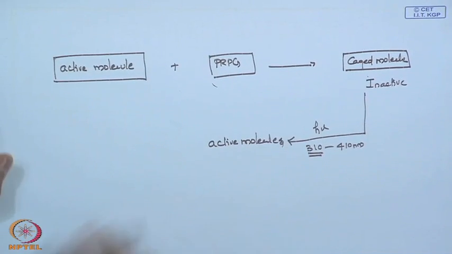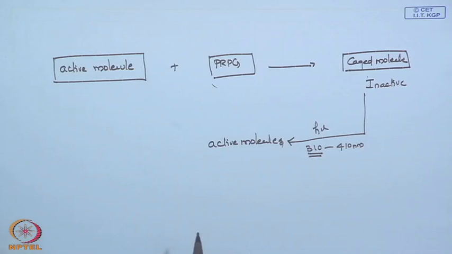Based on this method, the controlled delivery of anti-cancer drugs using this type of method has eventually become a new field, and many good papers are coming out of it.